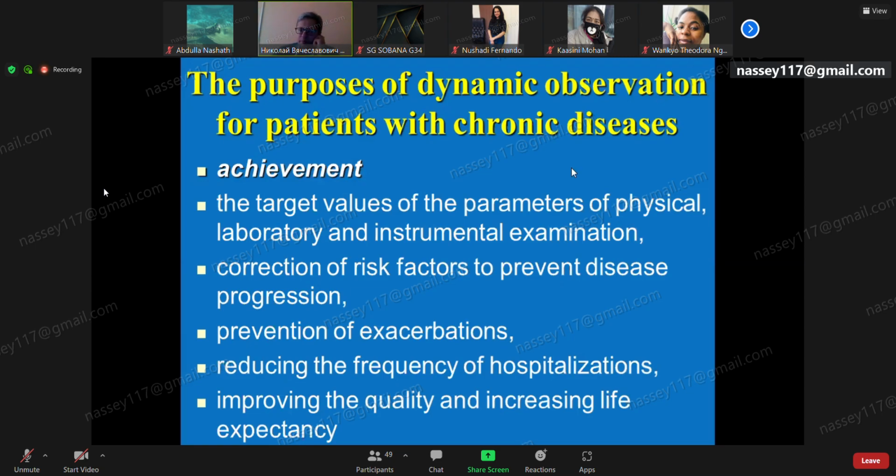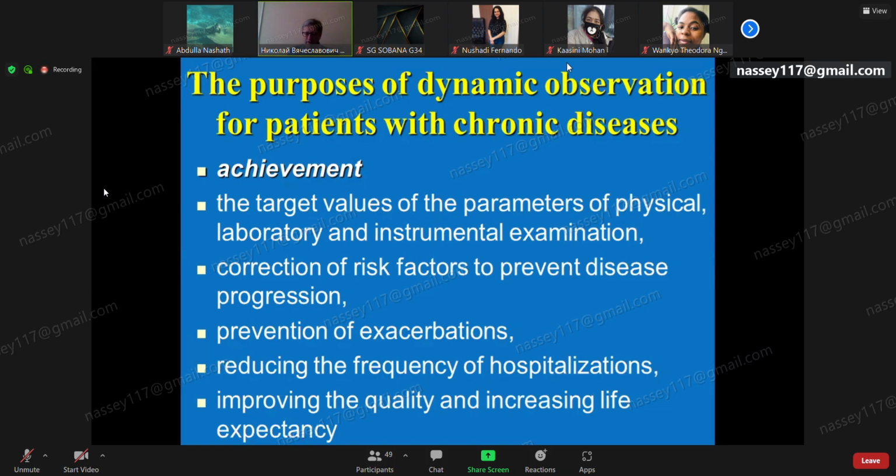As for the purposes of dynamic observation for patients with chronic diseases, there are target values of the parameters, recommended levels of physical, laboratory, and instrumental examination parameters. For example, the targeted level of arterial blood pressure for some categories of patients may be less than 130 millimeters mercury.